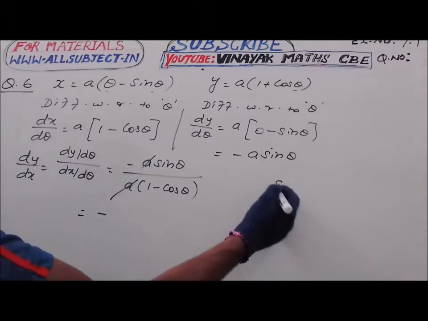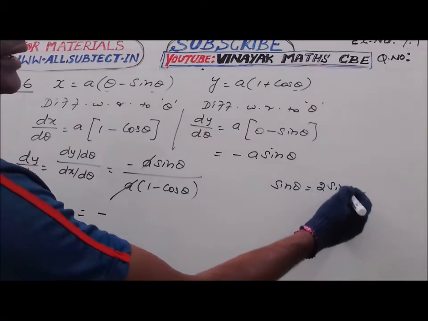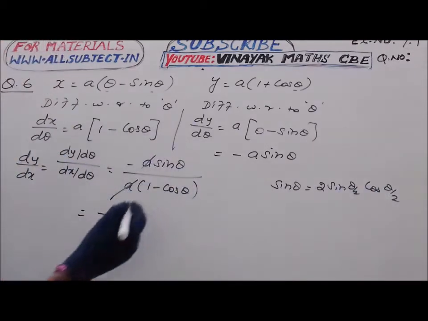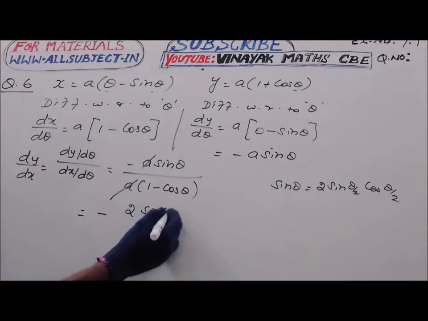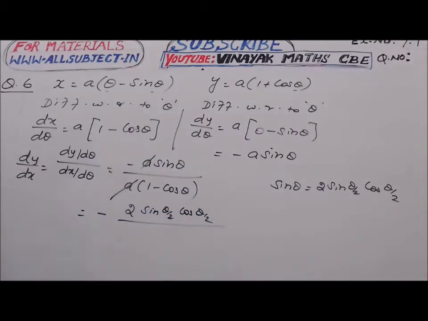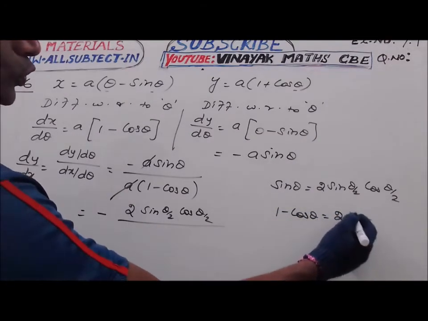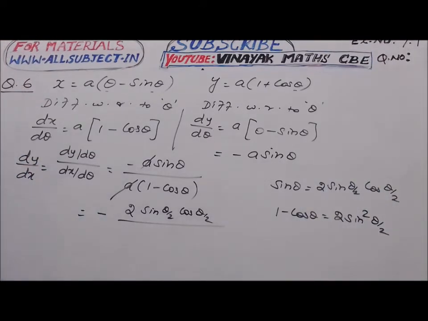For sin theta we have a half angle formula, 2 sin theta by 2 cos theta by 2. So substituting the numerator, sin theta as 2 sin theta by 2 into cos theta by 2, and then divided by 1 minus cos theta, which is equal to 2 sin square theta by 2.